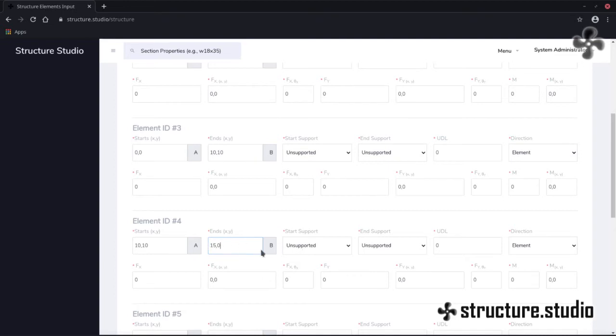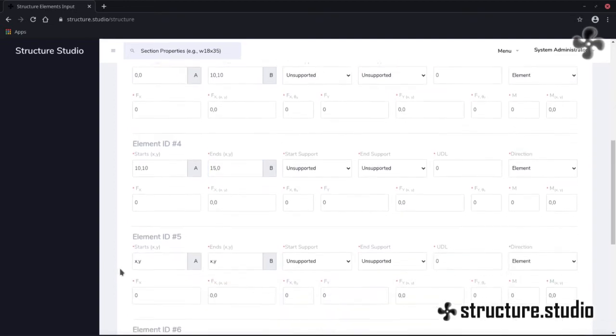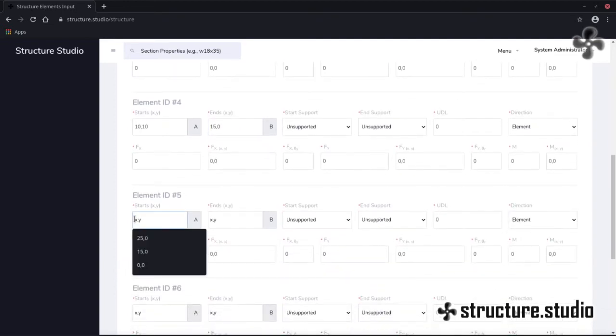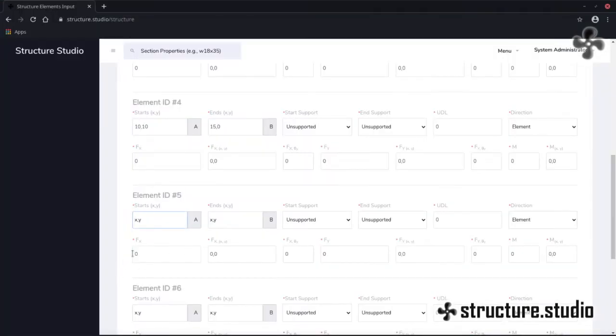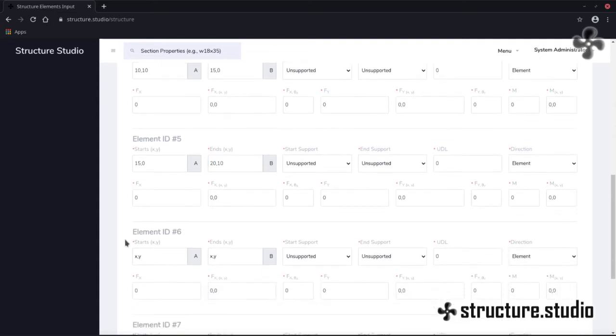It has no support, no load as well. Element number 5 starts at 15, 0 and ends at 20, 10. It has no support or load.